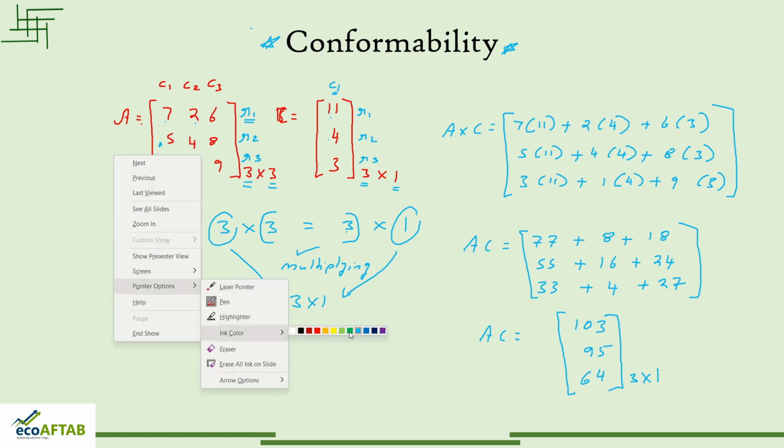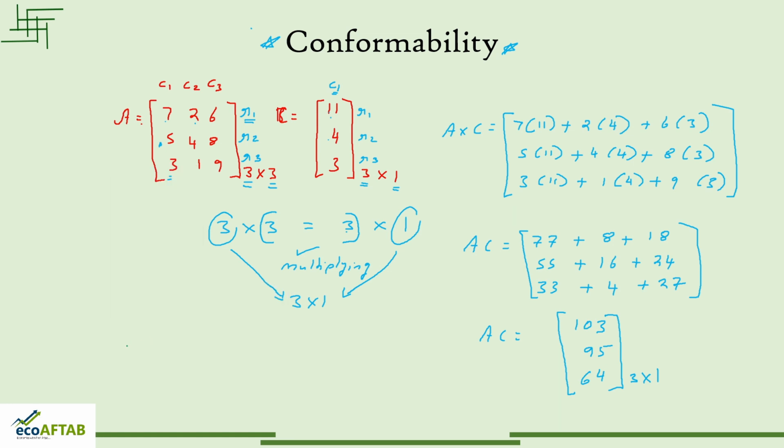If I say for example, A is, I'll take the same above thing, 7 2 6 5 4 8 3 1 9, and here now I'll take B. B is equal to 6 2 5 0. So here this is a matrix having 3 by 3 dimension, and this is a matrix having 2 by 2 dimension. So now we'll check the conformability.